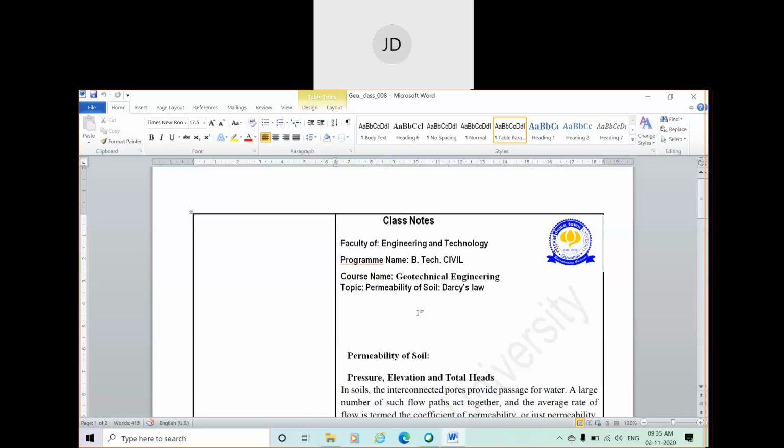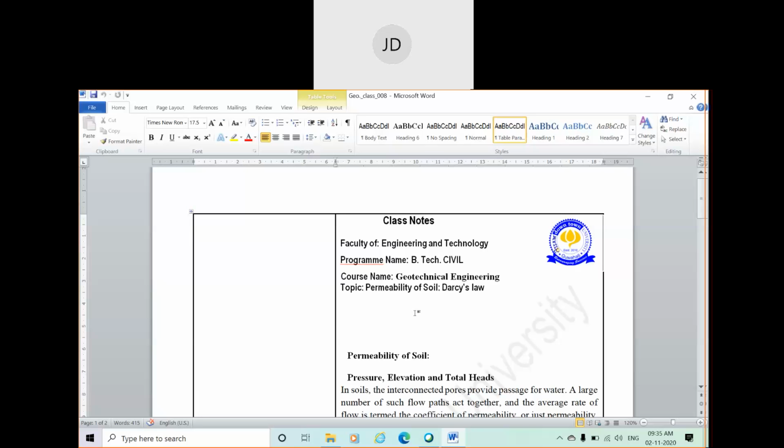Permeability is defined as a property of a particular soil which permits the passage of water or any fluid through interconnecting voids in a soil mass. Okay, it's a very simple definition. Permeability is related to the flow of water through soil.